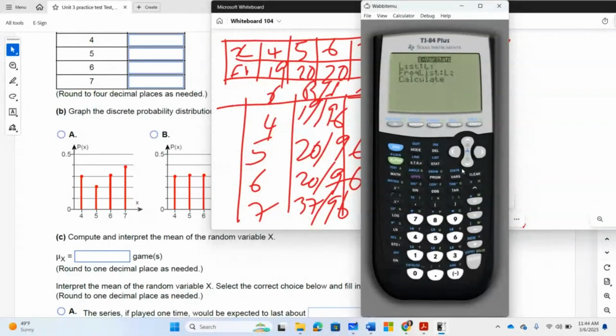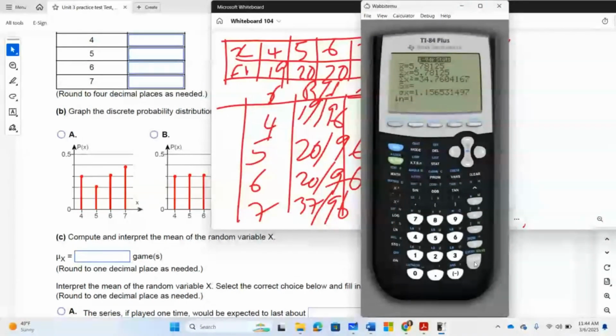So L1, L2, calculate. And from my answer, the mean, and they told me to leave my answer to 1 decimal point, is 5.8. They also told me to find the standard deviation, and the standard deviation is 1.2.